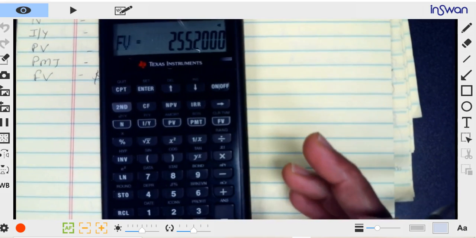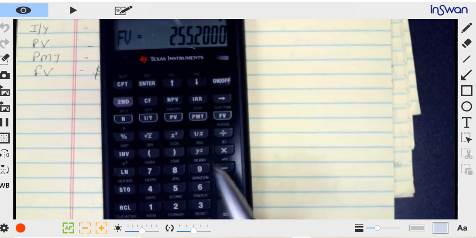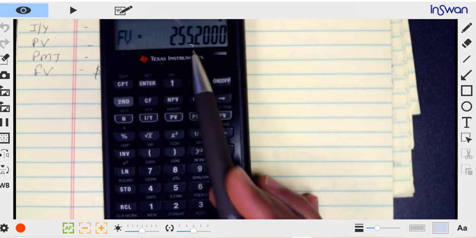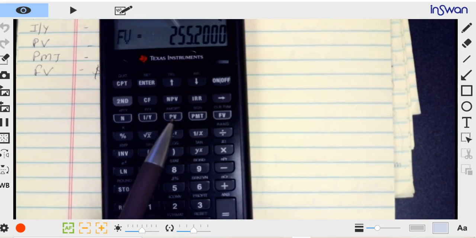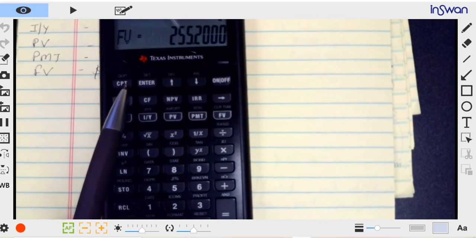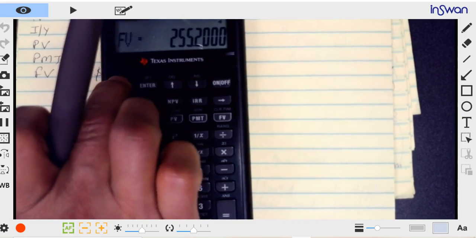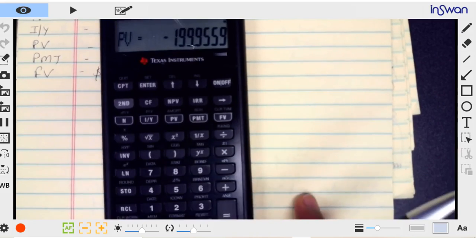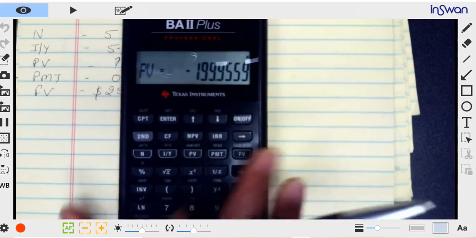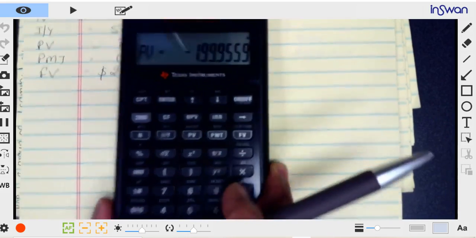Since the banker is offering it to us, we will receive it, so I'm entering that value as a positive value. Then we want to compute the present value, so hit this button right here. CPT stands for compute. The present value is 199.9559, so it is $200.